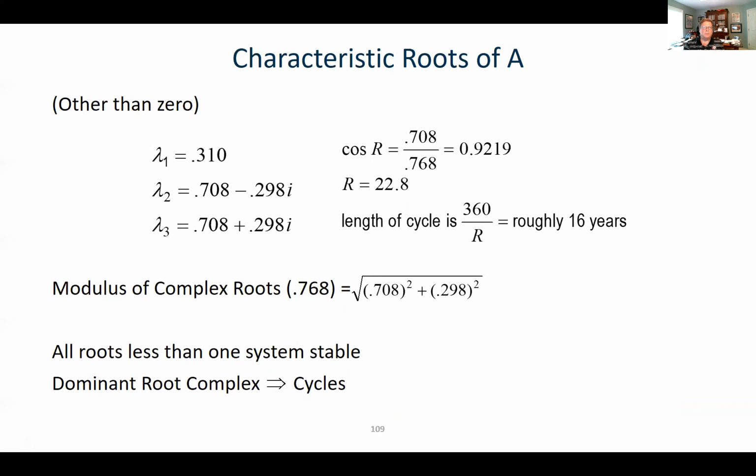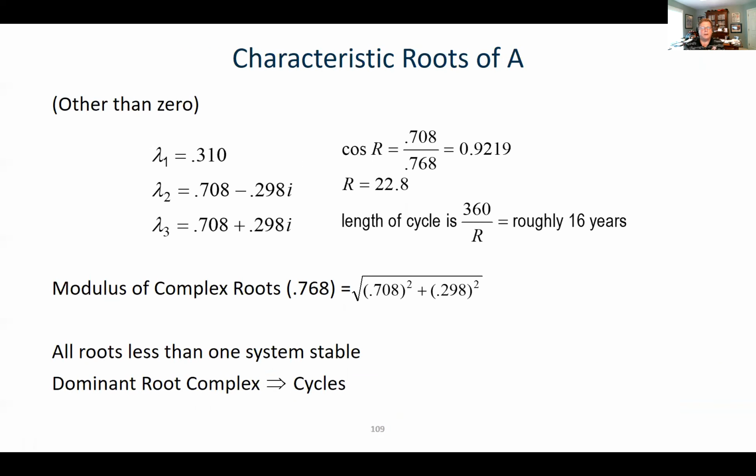And in this example, because we only had 3 endogenous variables or 3 equations that were actually stochastic, even though there's 8 characteristic roots, 5 of them are 0, and here are the other 3. And typically when we get a complex root, they occur in what we call conjugate pairs.